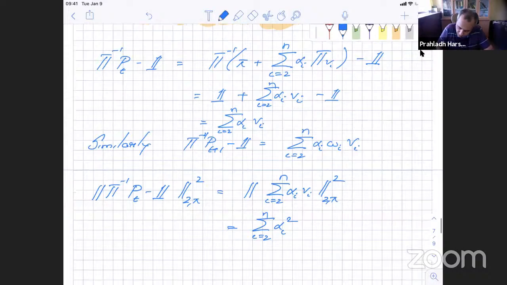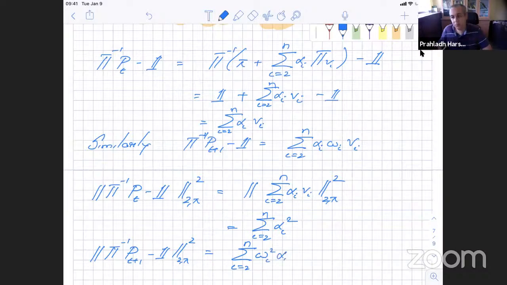And by the exact same argument, the 2 norm squared of pi inverse of p t plus 1 minus 1 is summation i equals 2 to n omega i square alpha i square.